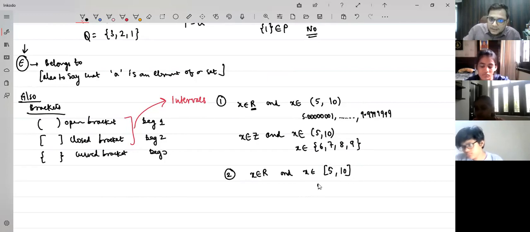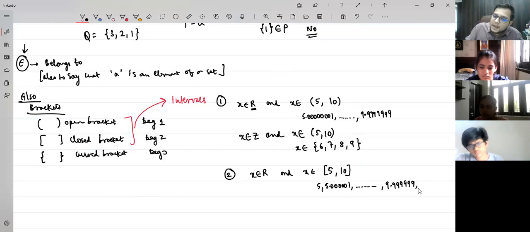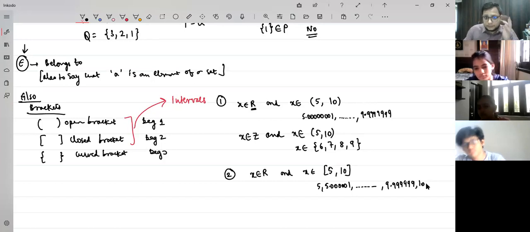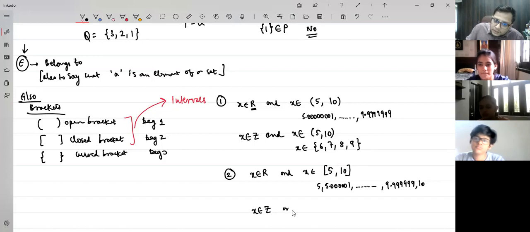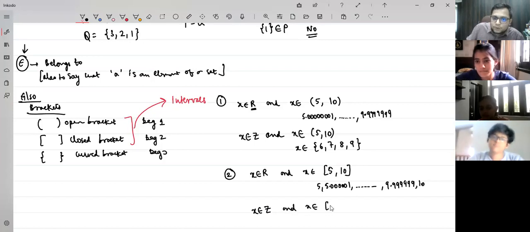So the numbers that I will be having are 5, then 5.000001, 5 is just a bigger number, then 9.9999999 and 10. Any issues, anyone? No, sir. Now, if I say x belongs to integers and x belongs to closed bracket 5 to 10, what does it mean?